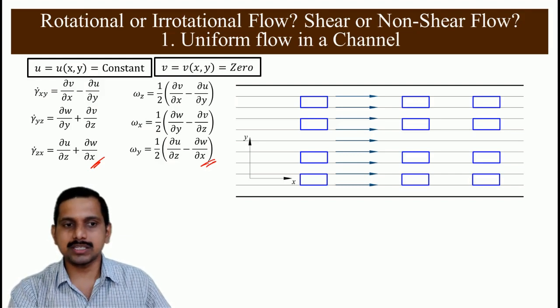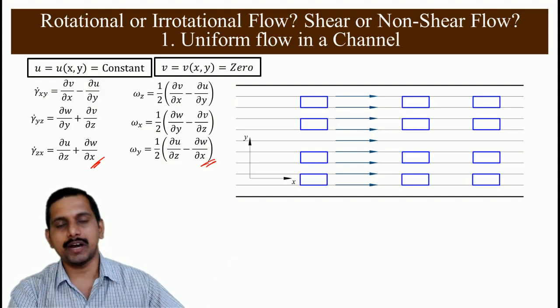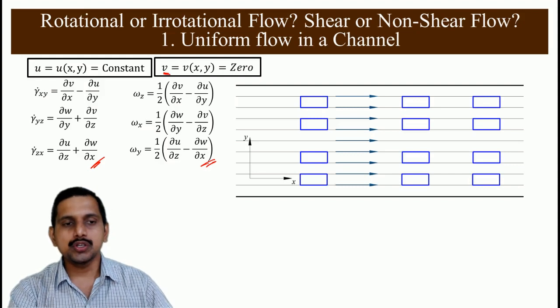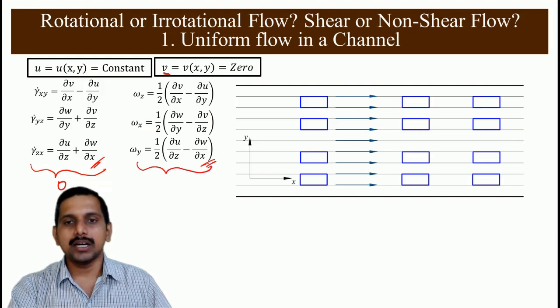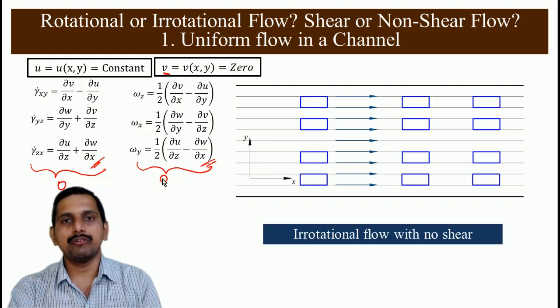Since u is a constant, wherever dou u by dou x, dou y, dou z is there, it goes to 0. And anyhow v is equal to 0, so the whole thing goes to 0. So my shear strain rate in all the directions is 0 and my rotation rate is also equal to 0. So this is an example of an irrotational flow with no shear.